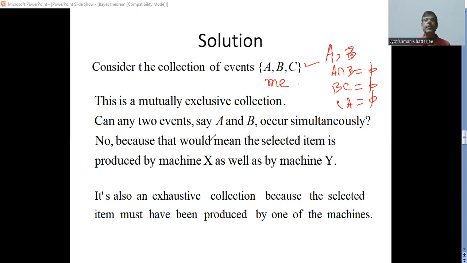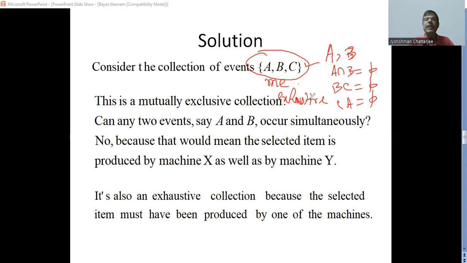Are they also exhaustive? The answer is yes, because any selected item must have been produced by either machine X or machine Y or machine Z. So one of the three events, A, B, or C, must hold good or must have occurred. That's why this is exhaustive. So this collection A, B, C is a collection of mutually exclusive events which are also exhaustive.